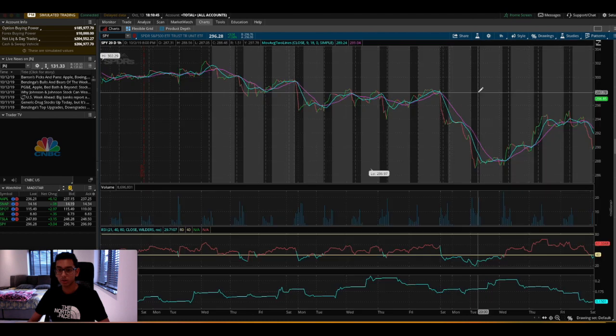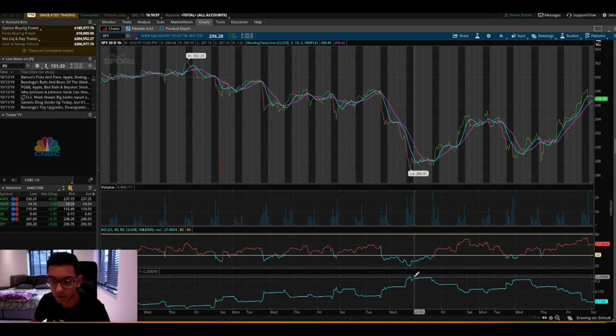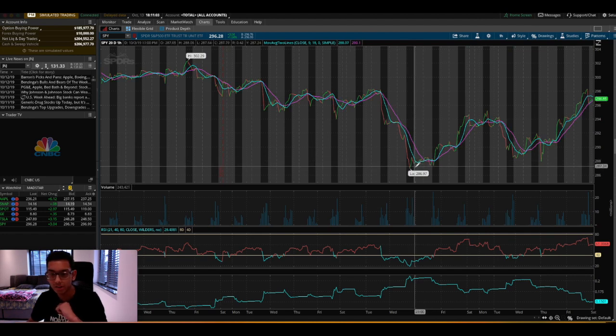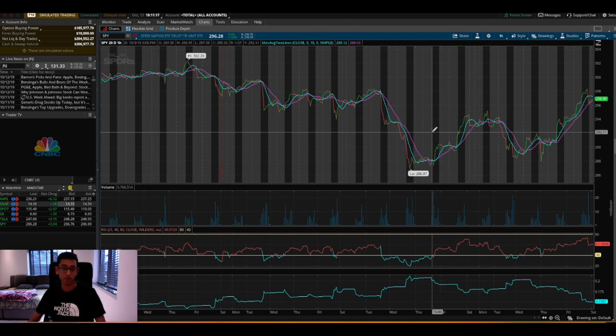So let me go to the 20-day one, and you can see that this is when I bought it. I bought this contract right over here, and by using my moving averages, I was right on this one, as you can see. Implied volatility was really high. I saw the potential, and that's how my order went in my favor.